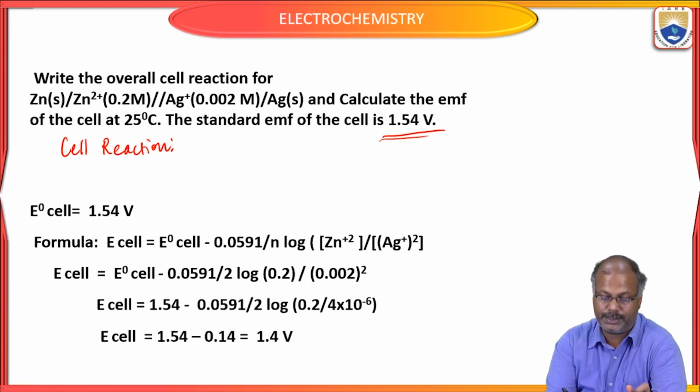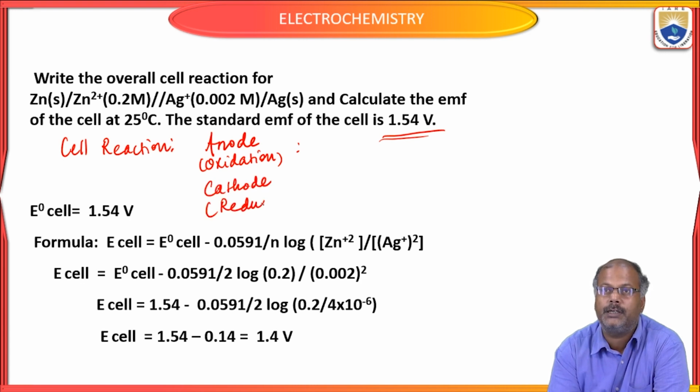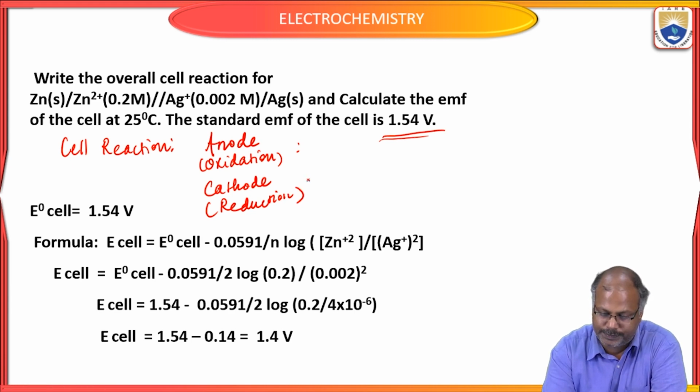Now here cell reaction: anode or oxidation of cell reaction, cathode or reduction of cell reaction.